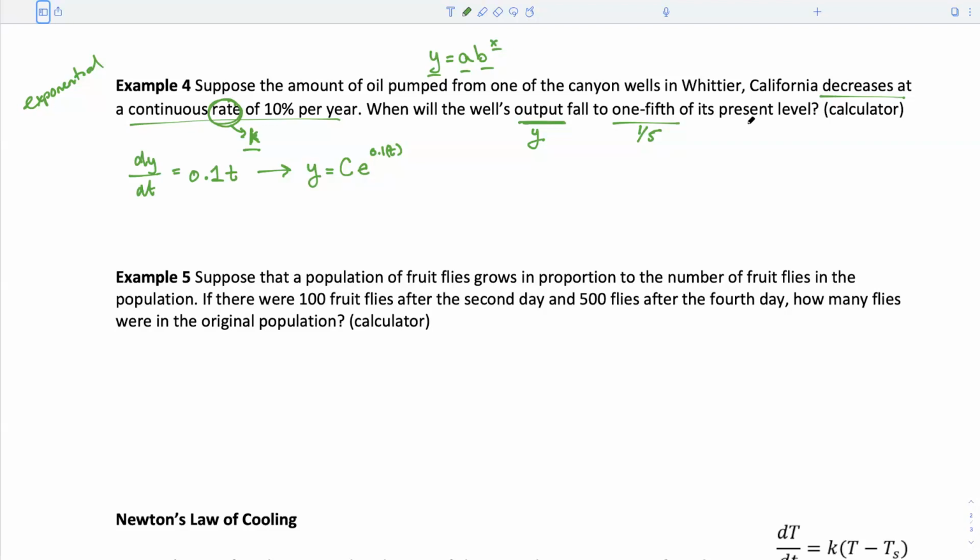Okay, so present level means at t equals 0, I don't know what y is. So we're going to need to utilize this value right here if we could to figure out C.